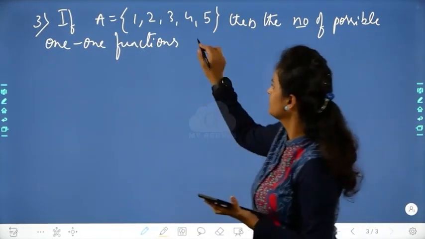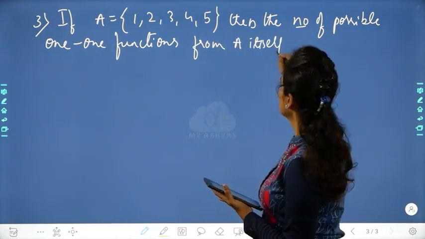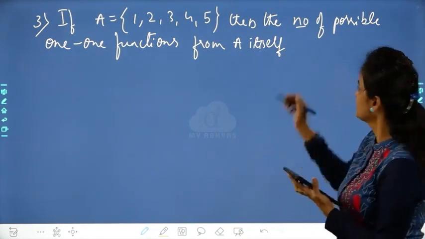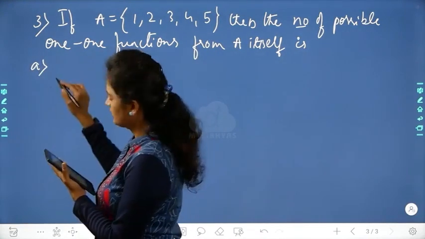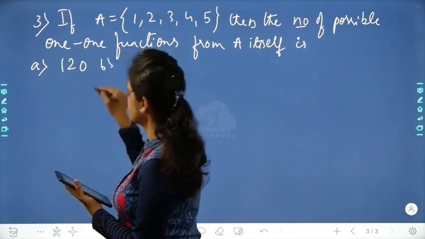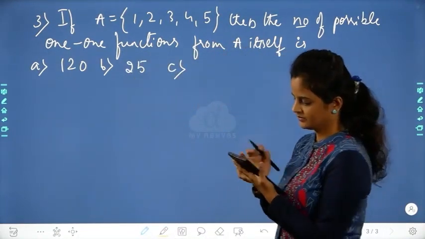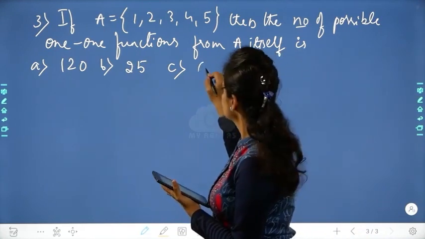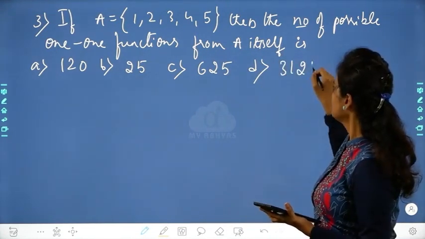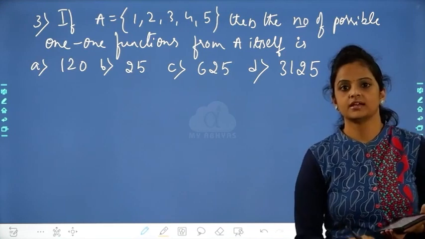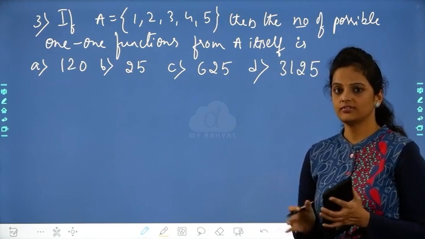These are the direct ones that I am giving you now, from set A itself. Only one set is given, and from that set to that set only you have to find it. They are asking you to find a direct question from the formula, an easy one. Third option is 625. Fourth option is 3125. Now see, they are asking how many possible one-one functions. Only one-one functions.